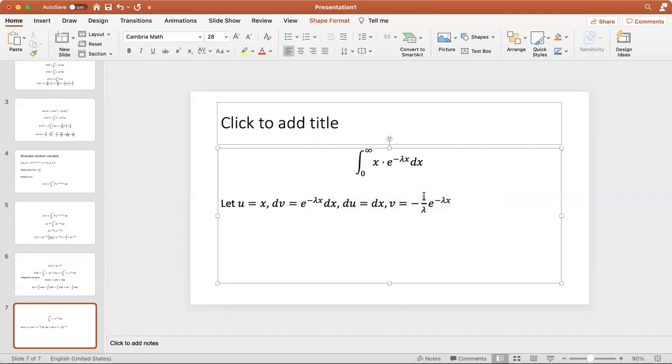You can double check and see that when you take the derivative of this v with respect to x, you will still get e raised to negative lambda x. Now it's just a matter of substituting these components.